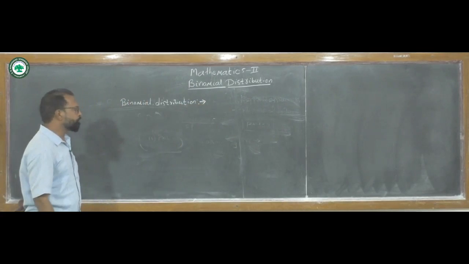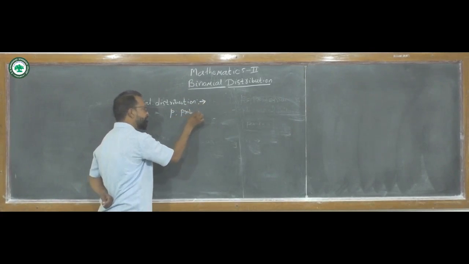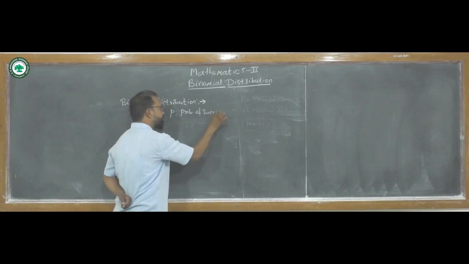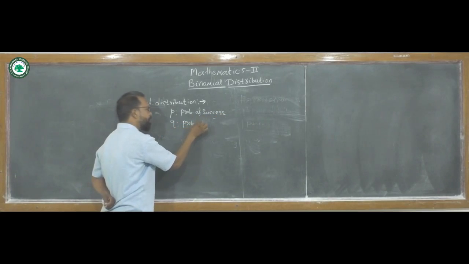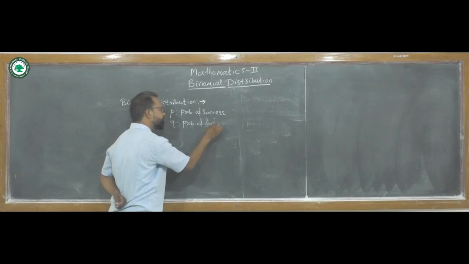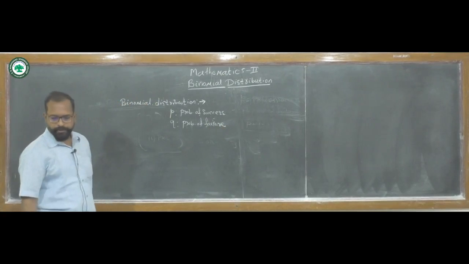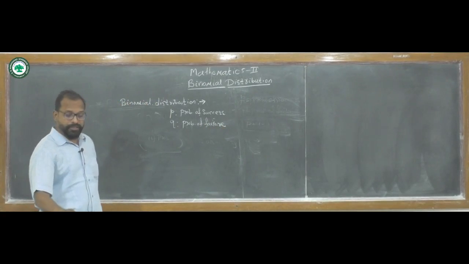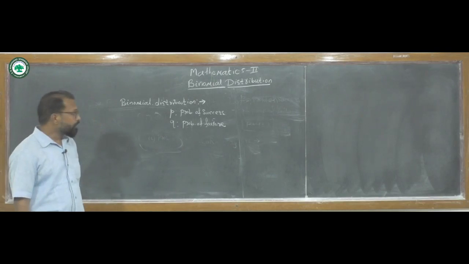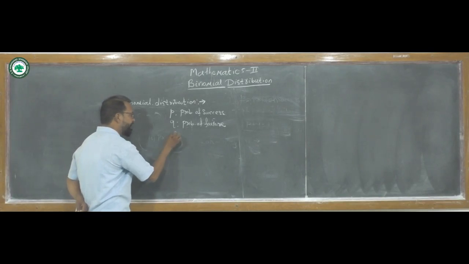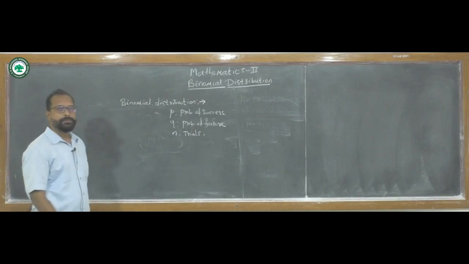Now suppose p is the probability of success, q is the probability of failure, and suppose this Bernoulli's trial is repeated n times, that is we take n trials.